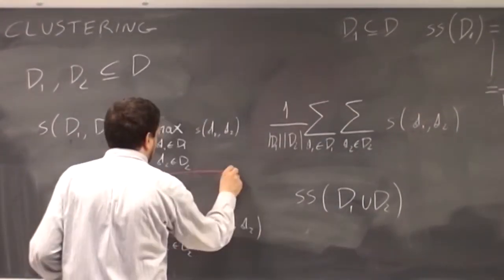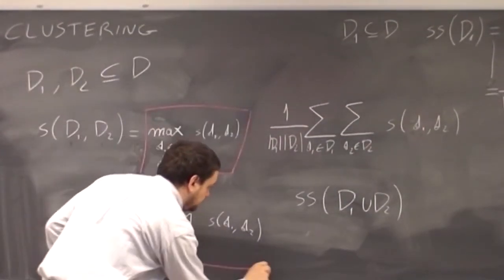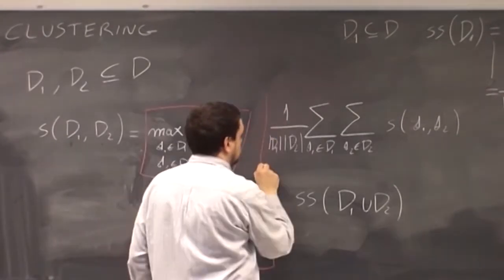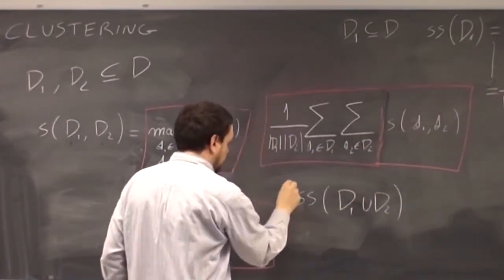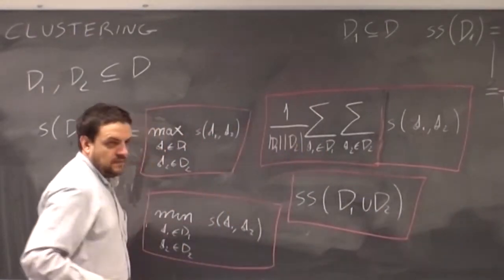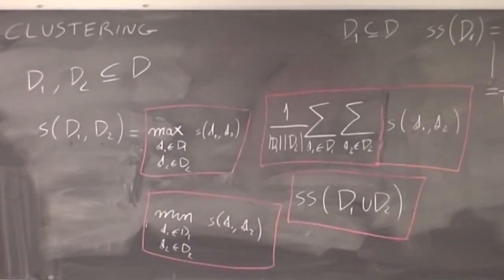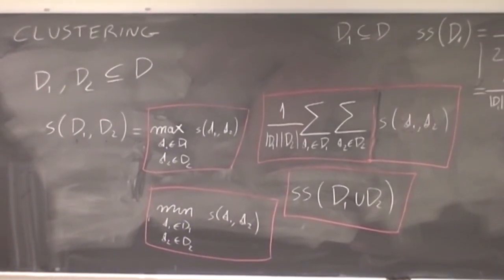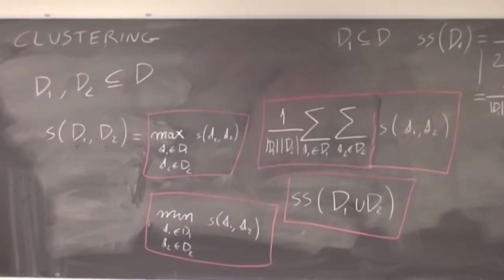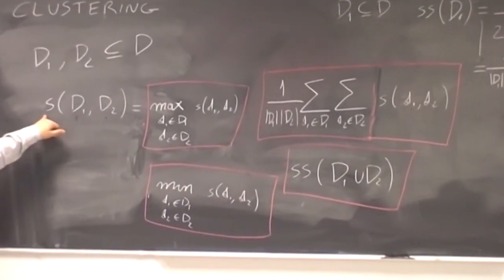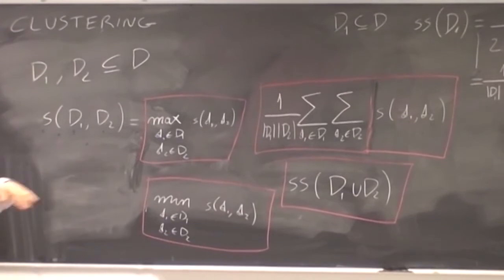So these are four possible definitions that extend the notion of similarity between elements to the notion of similarity between sets.